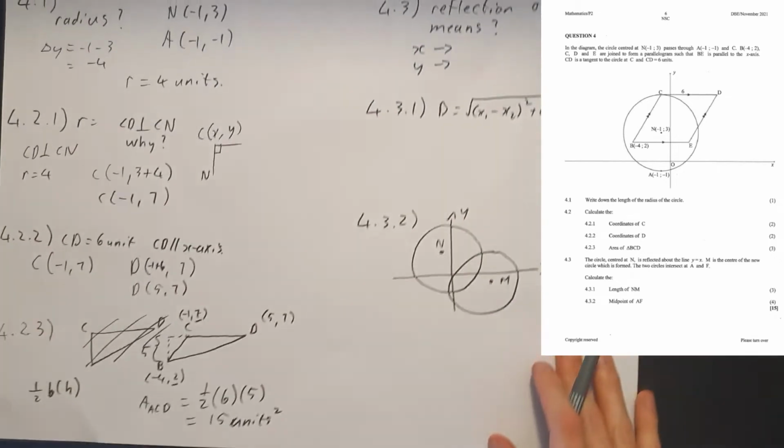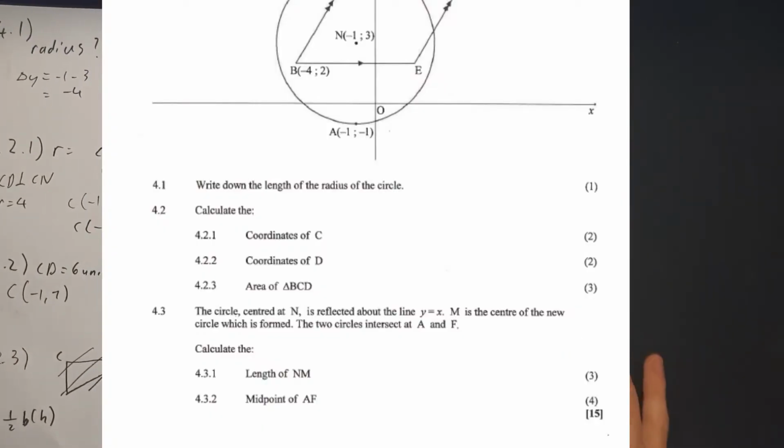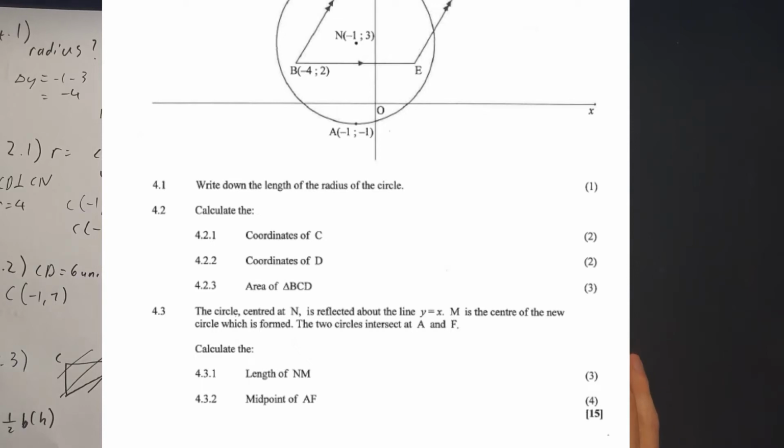Now 4.3 asks the following. The circle centered at N is reflected about the line y = x. M is the center of the new circle which is formed.